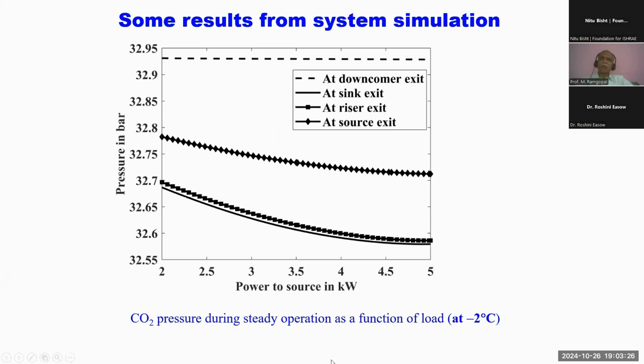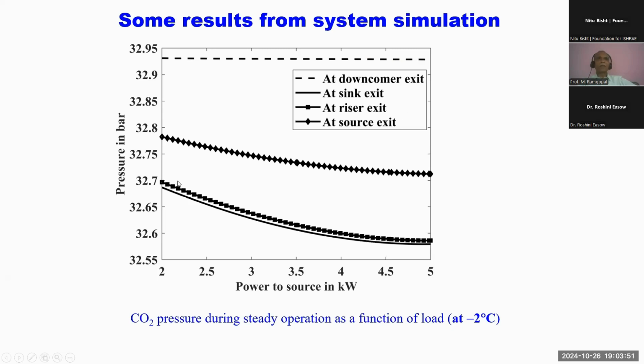A large amount of theoretical results are there, but I'm just showing typical results. For example, this figure shows what the operating pressure in the system is when I am maintaining the carbon dioxide at minus 2 degrees centigrade. So when the carbon dioxide temperature is at minus 2 degrees centigrade, how the pressure varies with power at different points of the loop.